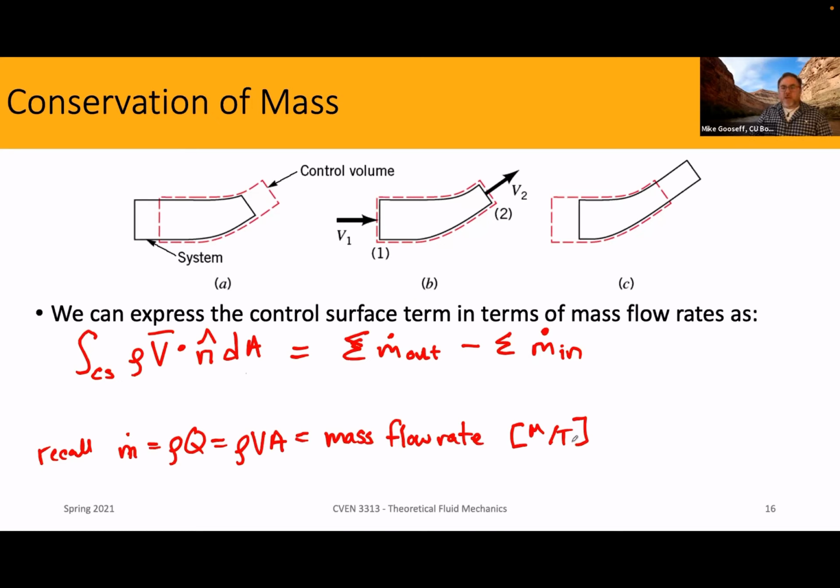Okay, so in general, all of this should work for any sort of fluid system that is passing through a control volume, right? We can account for it: mass flux out, mass flux in, and whatever is stored at the current time.